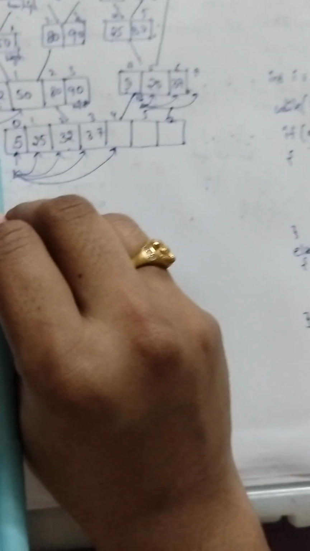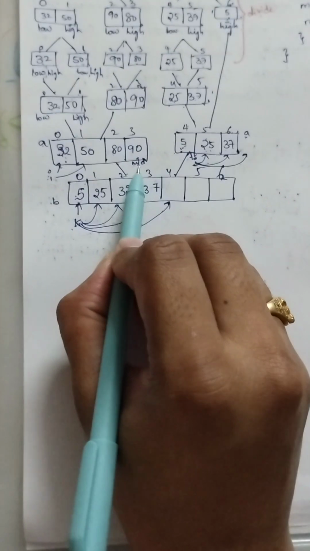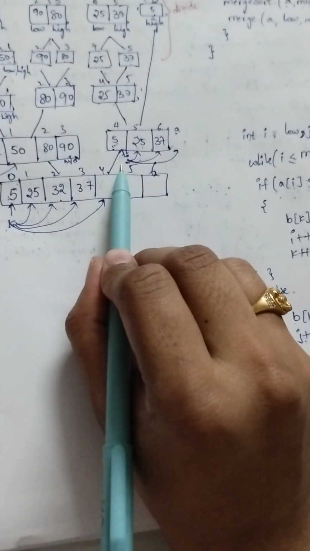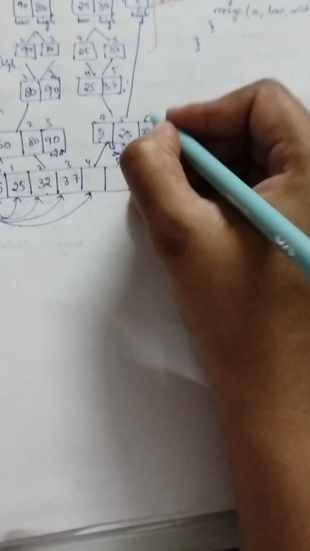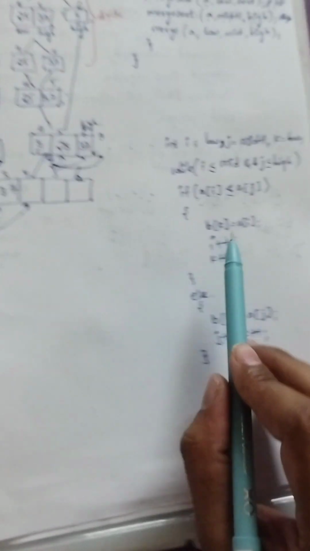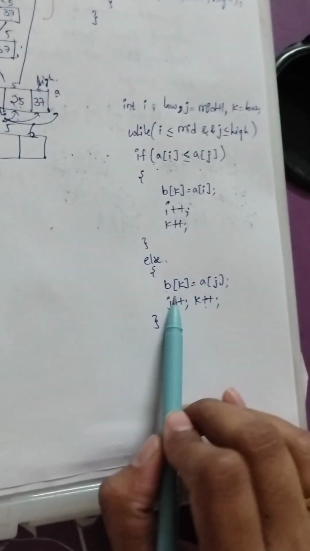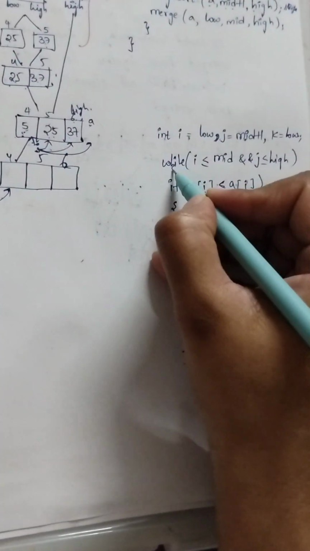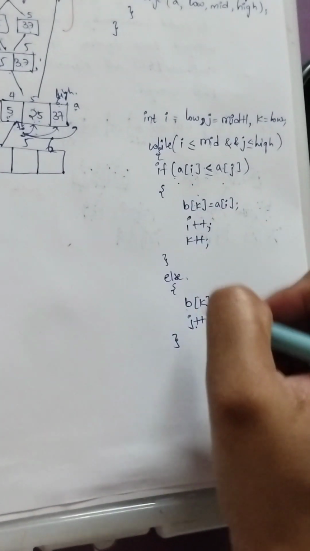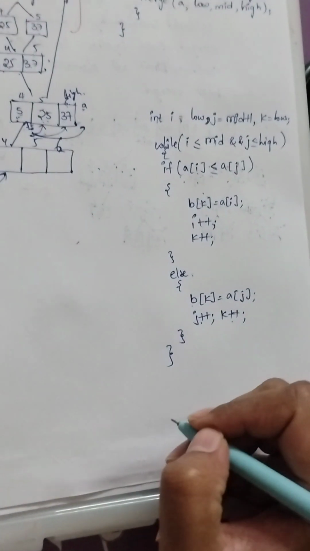So I should be less than or is equals to mid, logical and, j should be less than or is equals to high. Actually where is high, here it is, right? So j should be less than or is equals to 6, only then these two conditions we are going to check, right? So only if these two conditions are true, these two things we are going to perform, right?